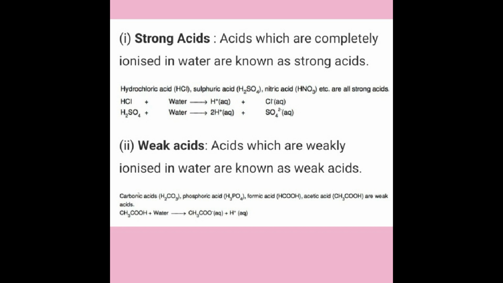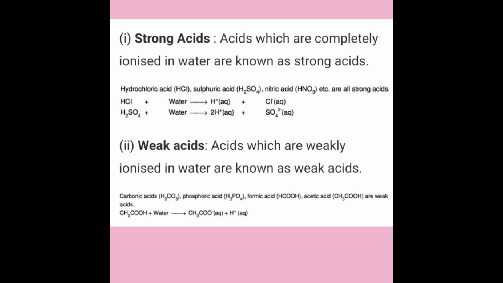Now, the definition of a weak acid: acids which are weakly ionized in water are known as weak acids. That means they produce fewer H plus ions and ionize slowly when compared to strong acids. Examples are carbonic acid, H2CO3, which we get in all our soft drinks.